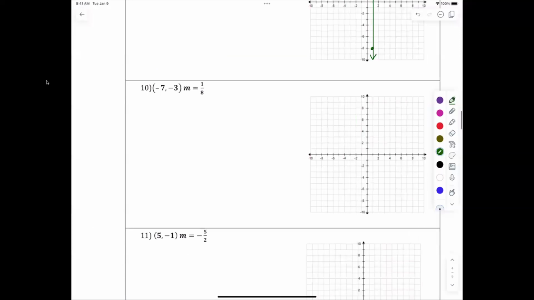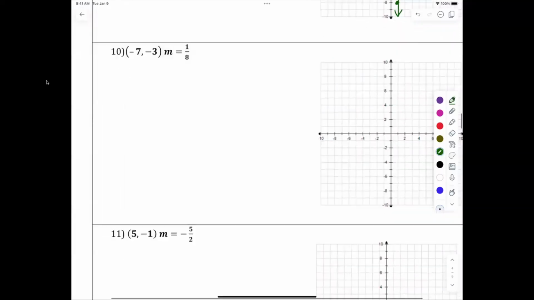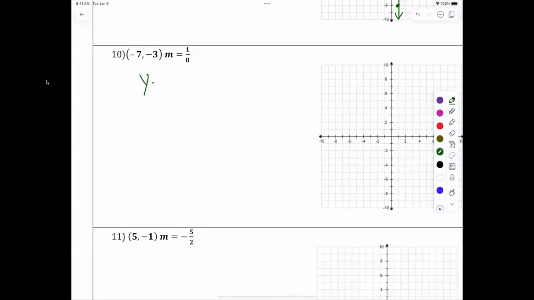All right. Katie, you're up. Write the equation for number 10. Y plus 3 equals x plus 7. You are amazing. All right. Everybody graph that real quick. How do I graph it, Katie?